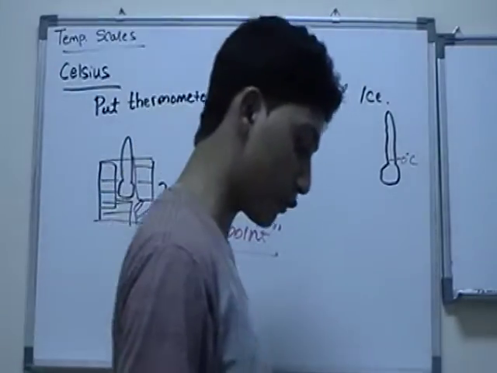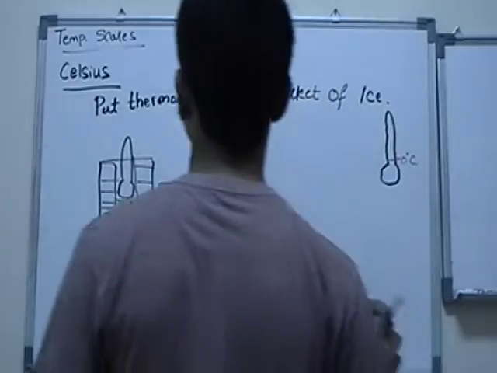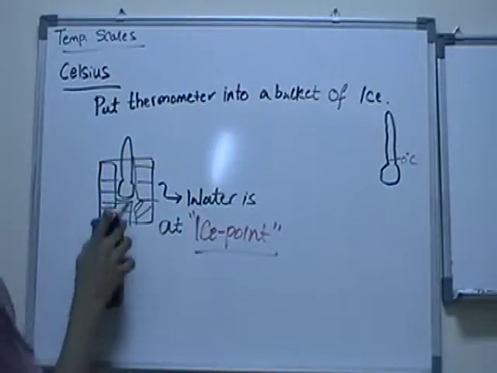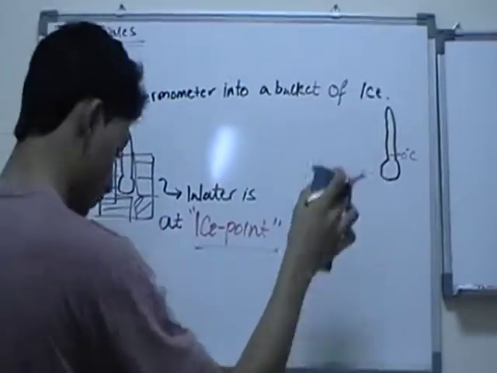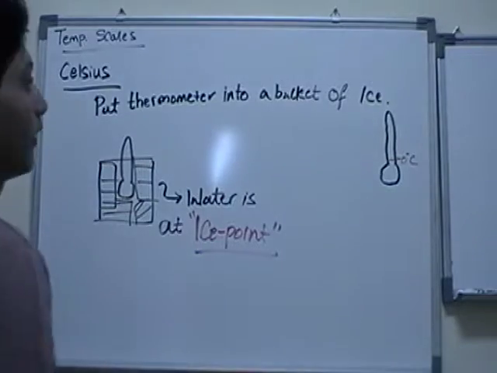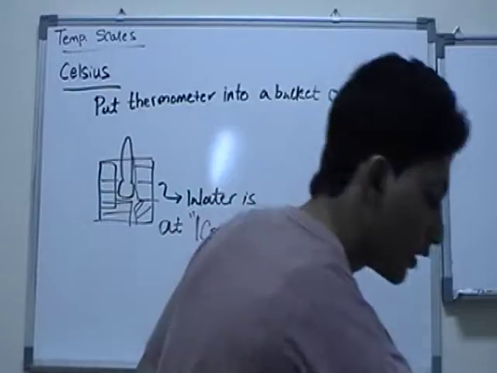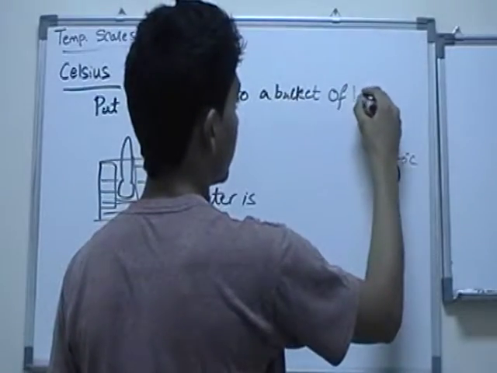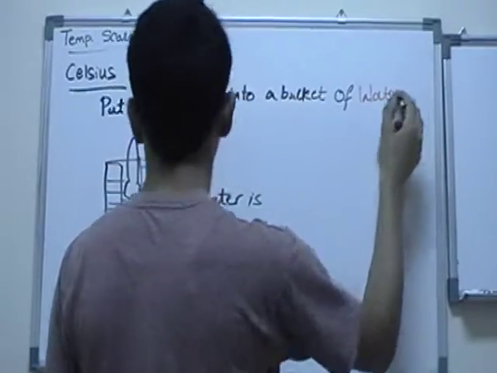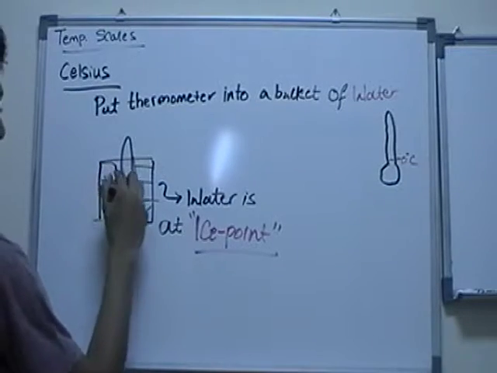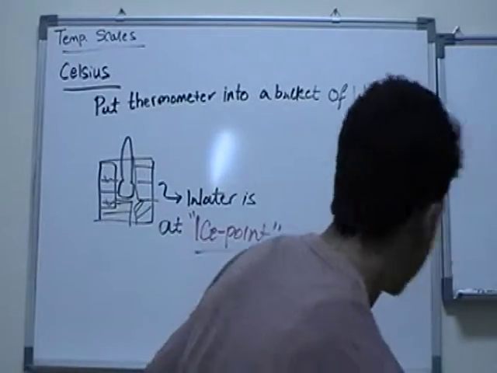Now let's label some more parts, which is in Celsius. Now all you need to do is put the bucket of water. So now from ice, you're putting it into water. So this is all water. Let me just go ahead and erase it.